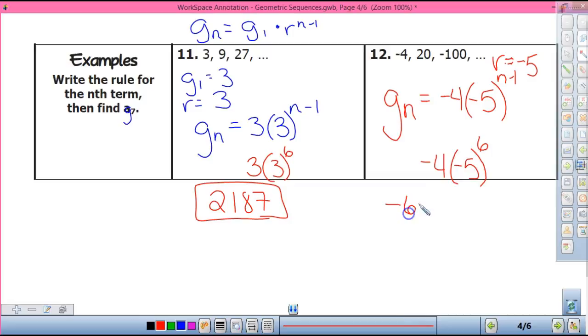Negative what? 62,500. That -5 has to go in parentheses. Yep, so you have to go -5 to the 6th power. Okay, gotcha. All right.